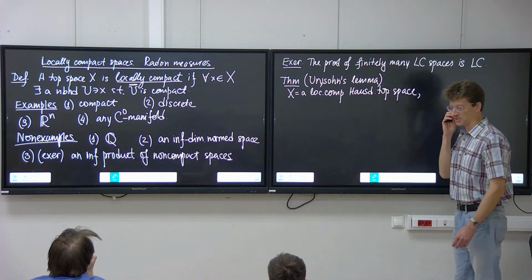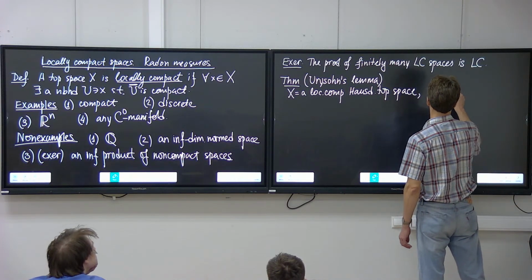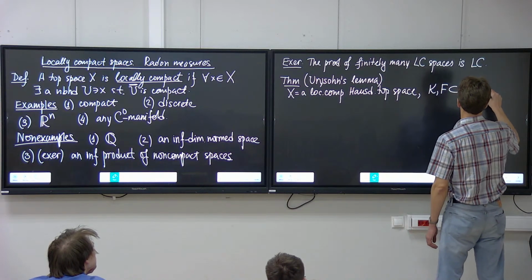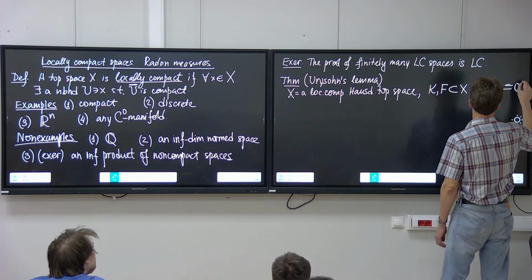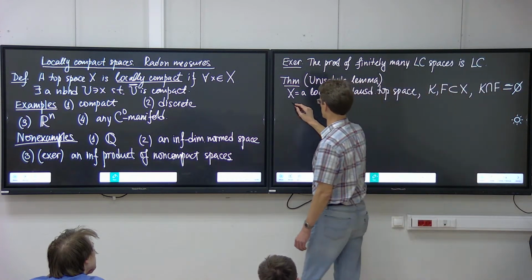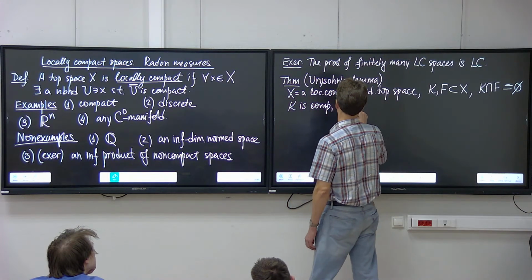And suppose that we have two disjoint sets in X, K and F, such that K is compact and F is closed.